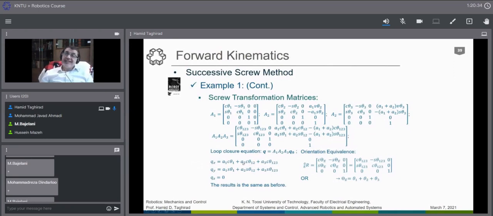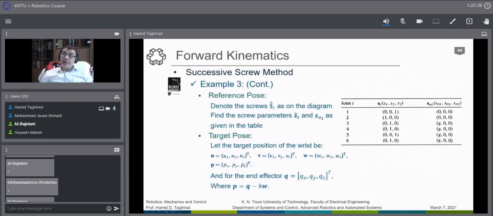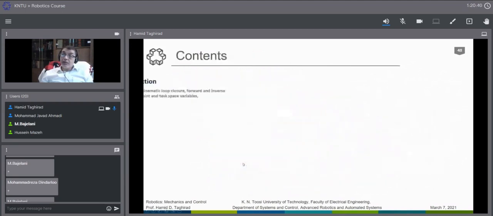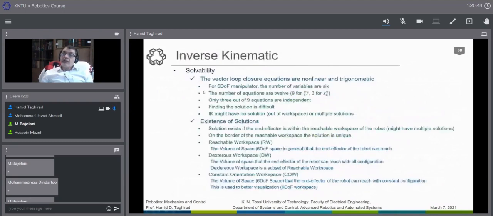But what does it mean that it does not have a solution? This has a very important meaning to us. First of all, for a 6 degree of freedom manipulator, the number of variables is 6. How many equations do we have in a kinematic loop closure? If we write it in a geometric form, we have the same number of equations as the number of variables.